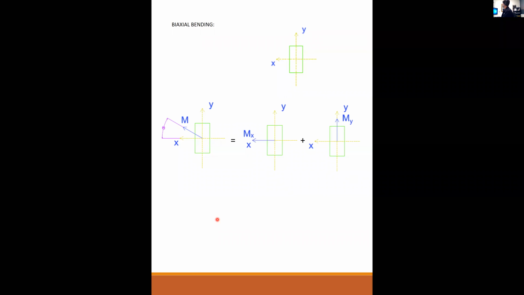Okay, so the first thing we're going to do, if we have this situation, is resolve the moments. Whatever the applied moment is, we are going to resolve it into an x component and a y component. Some portion of the moment is going in the x direction, some portion in the y direction.